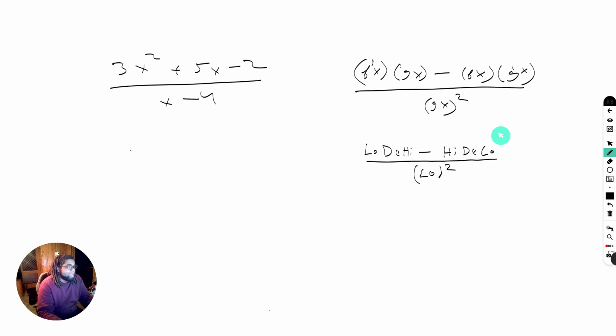Low d high, high d low. It's like we're singing some kind of country song or something? Not quite. All it has to do with is basically our functions and how they're oriented in the problem. So low just means your denominator.